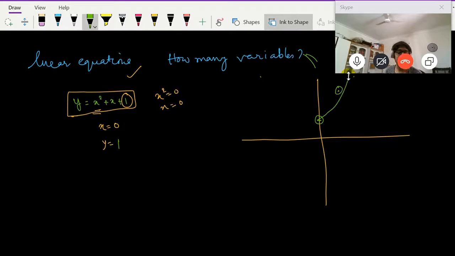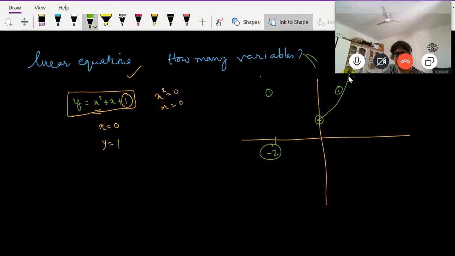So if we take minus 2, then y will be 3. Minus 2 means 4 plus 1, 5, minus 2, 3. Minus 2, y is 3. Okay. Why can't we take minus 1? Yes, take minus 1.